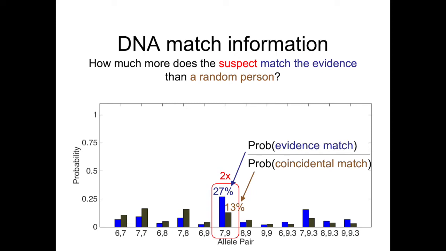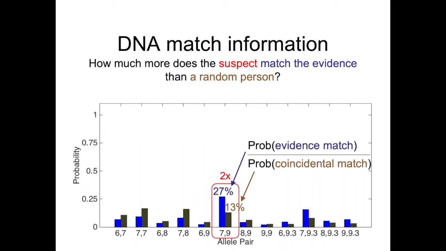Brown is this random probability that we had before we started. So that's the prior population probability. That has some probability for all 100 allele pair values. But the computer inferred something different from the data, and now we're comparing those two.